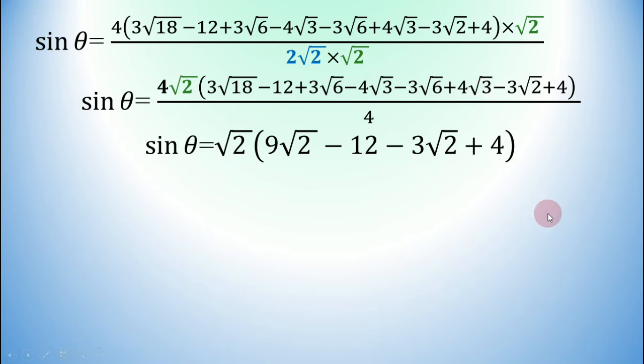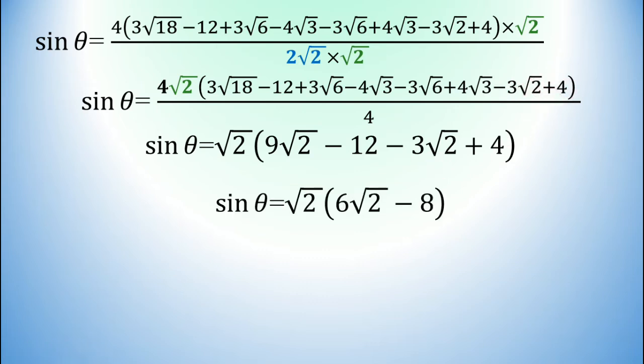Finally you get minus 3 root 2 plus 9 root 2, that is 6 root 2, and minus 12 plus 2 is minus 8. Then sine theta can be written as, multiplying root 2 into root 2 is 2, 2 into 6 is 12, minus 8 root 2.